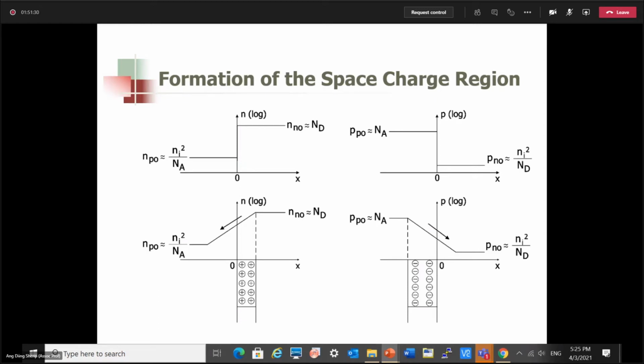Hi, Professor. Regarding this graph, why is the distance for the space charge region on the n type shorter than the p type? Oh, I think you're referring to the value of xp naught compared to xn naught. Yes. Well, this is a random outcome. I just happened to draw it like this.